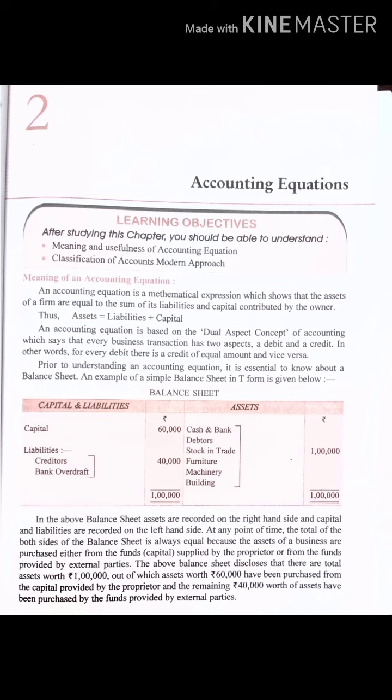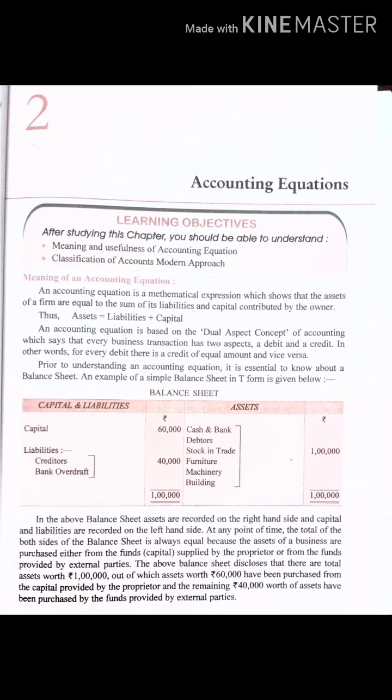Now see down there, you can see the balance sheet. What is a balance sheet? In the balance sheet, one is the liability part, another is the asset part. The liabilities part is the breakup of capital plus liabilities. In the liabilities part we write two things. One is capital. Capital means the investment of the owner. Why do we write this capital on the liability side? Because that capital is considered an internal liability of the firm.